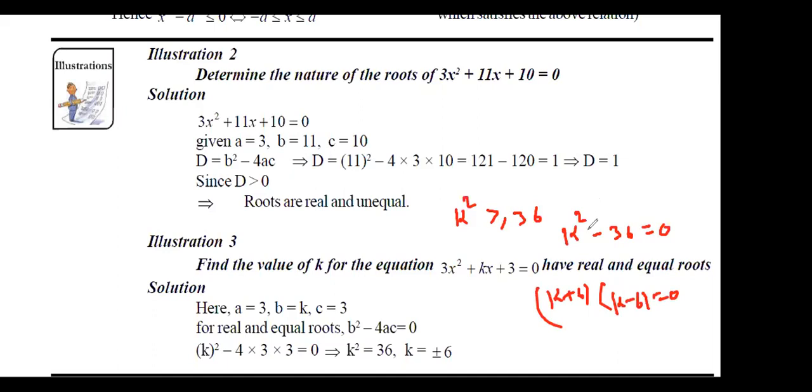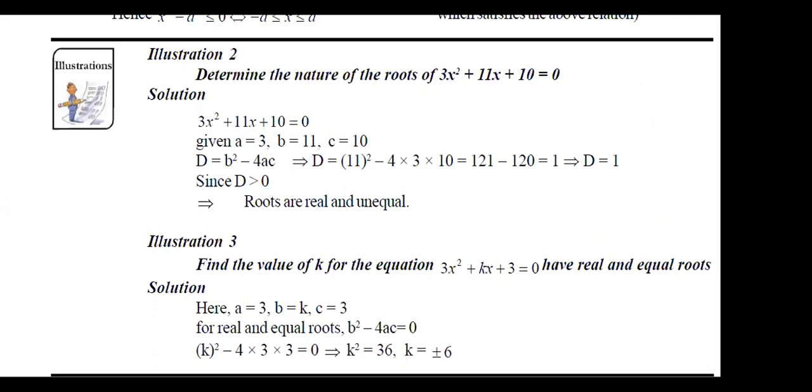And we know that if k square is equal to 36, then k is equal to plus minus 6. Remember these concepts. So this type of problem is easy, yes or no?